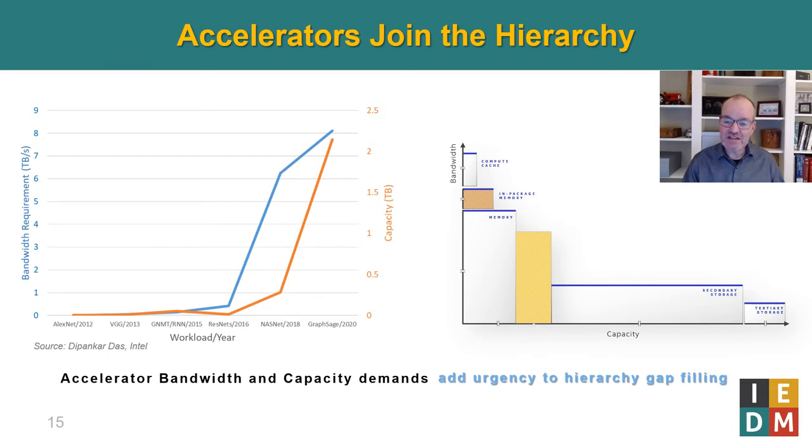And what that's meaning is we're starting to get a couple of different gaps in our hierarchy. One is that bandwidth demand that I talked about for accelerators, and that's really driving this need for in-package memory. We're stacking SRAMs called the Rambo cache to provide that. We're including HBMs in products to provide that bandwidth at a higher capacity.